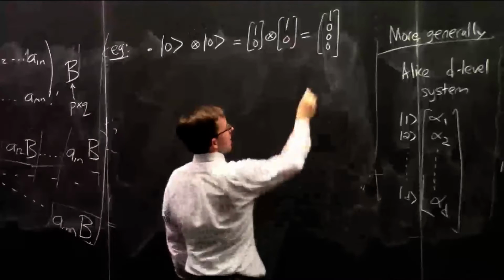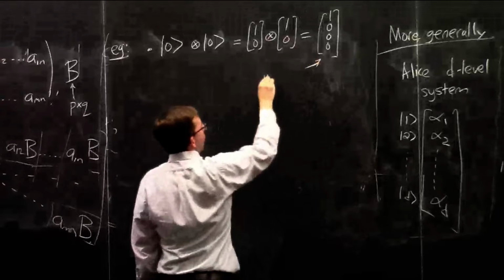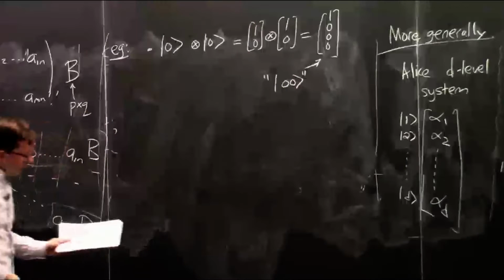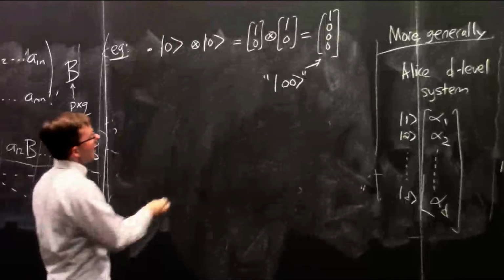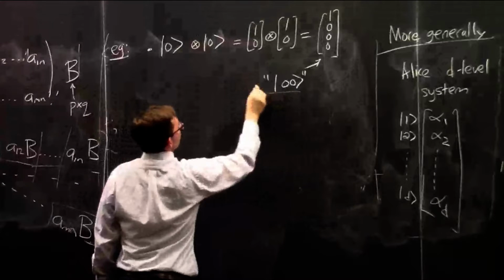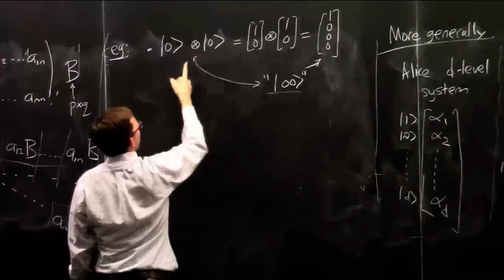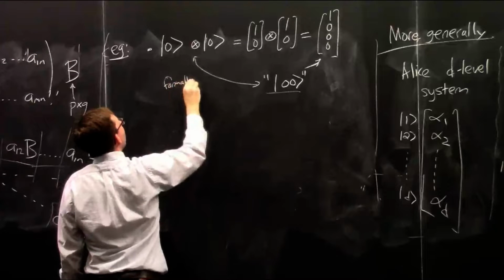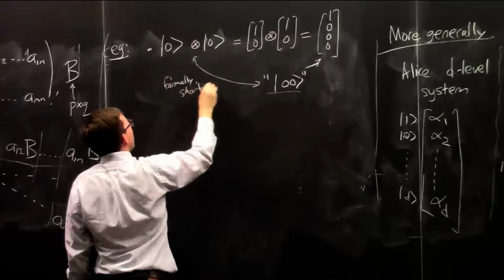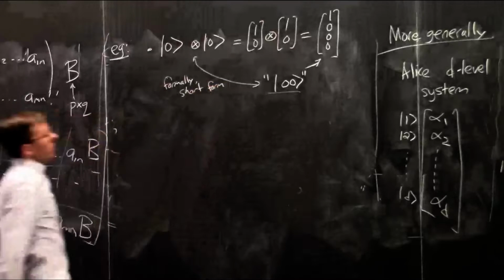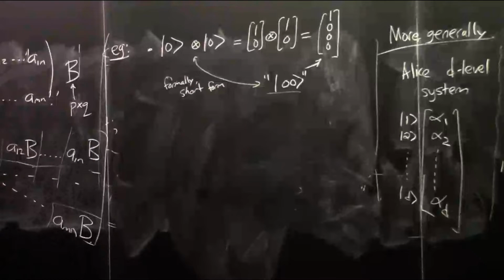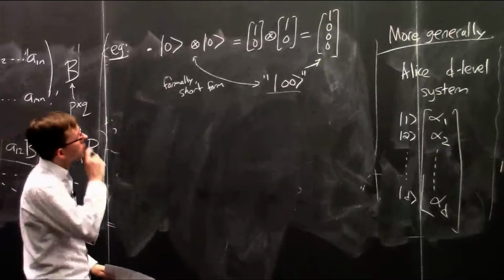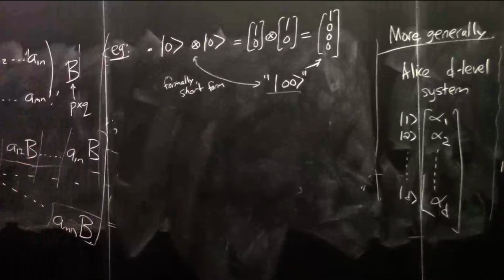Because when we have two qubits together, this was the thing that we liked to call ket 0, 0. Some people just say that this symbol is formally a short form or an abbreviation for this. Somehow this is an example of the notation just working out super nicely. Any question about that?